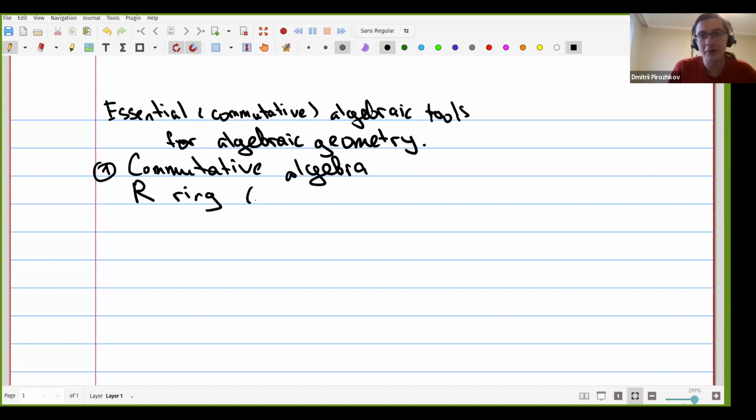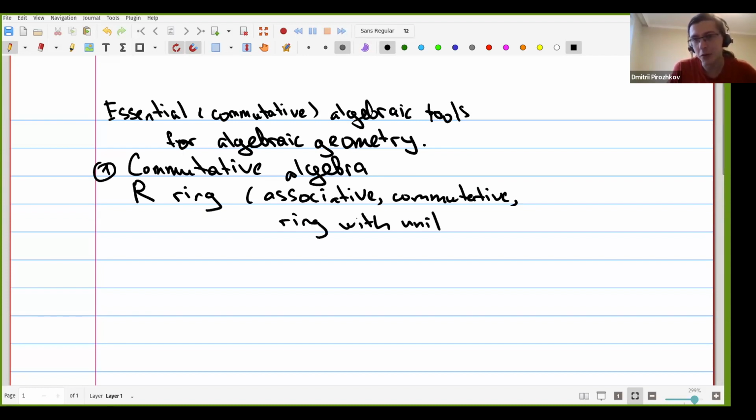When I say a ring, I mean associative, commutative, a ring that has a unit element that I will always denote just by one. I'll keep in mind what ring this element belongs to.